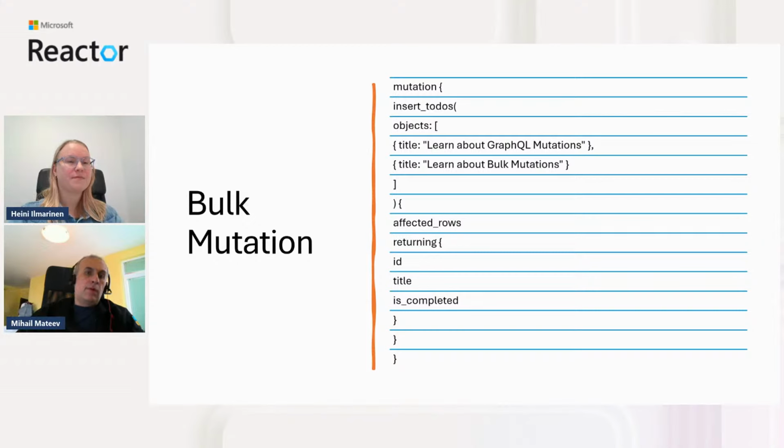Here we have also one interesting scenario, bulk mutation, when we have, for example, operations that need to be executed several times for a list of objects with the same type. We are able to implement bulk mutation.